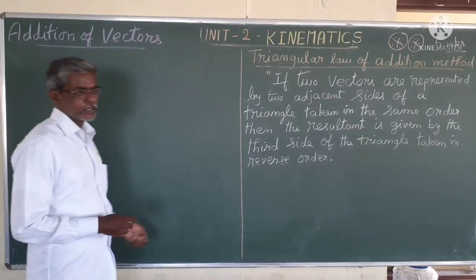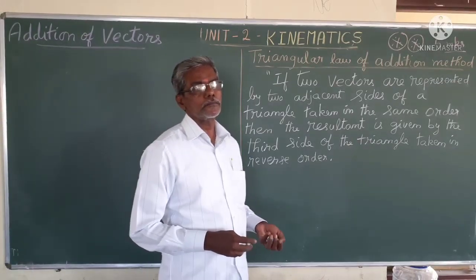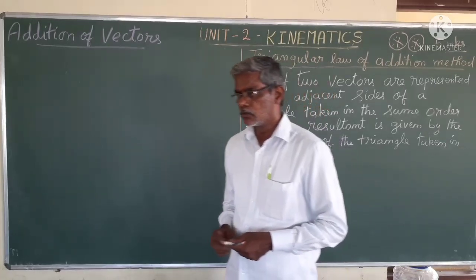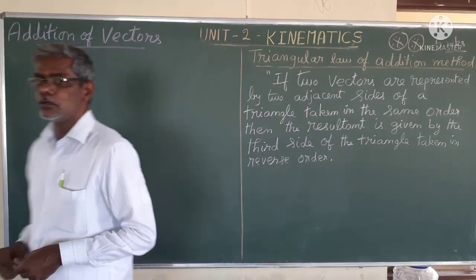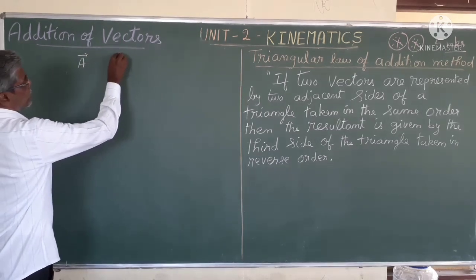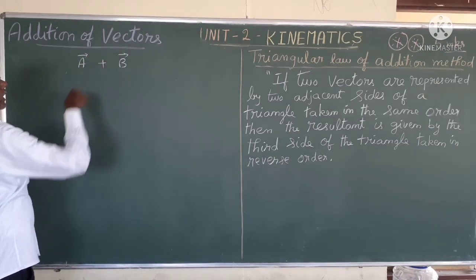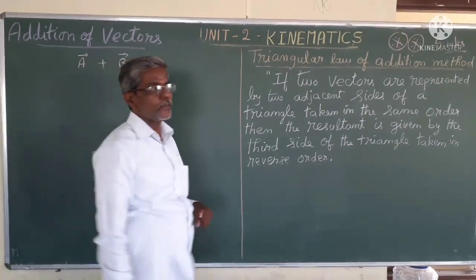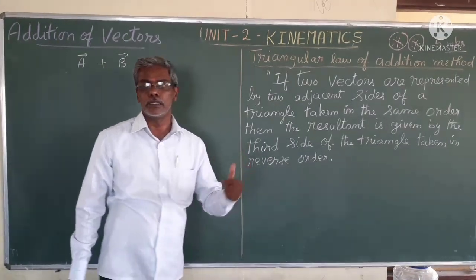Addition of vectors. So vector is nothing but having both magnitude and direction. Now, if I want to add two vectors, let us consider A vector and B vector. I want to add these two vectors. By ordinary algebra, we can't add these two vectors.